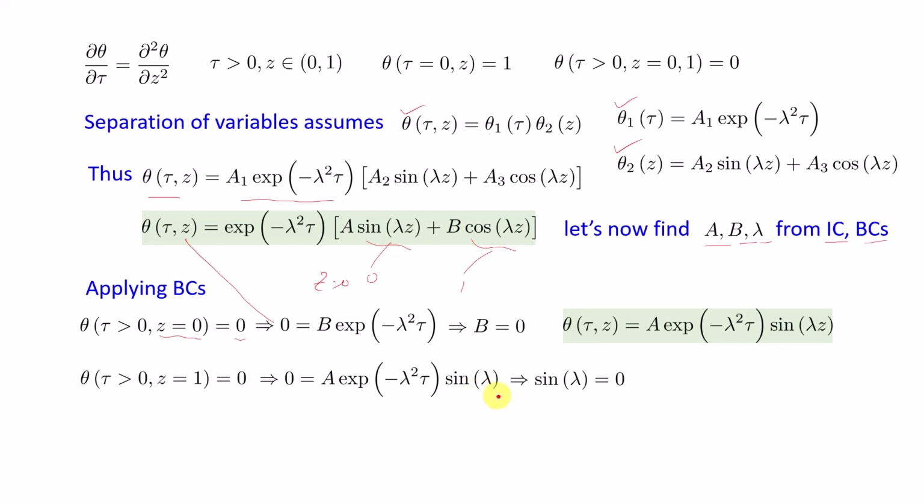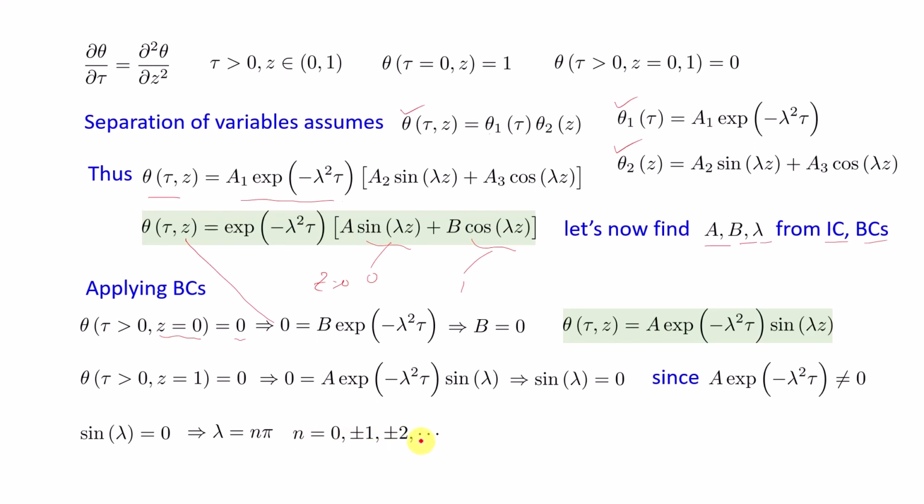But with this condition, sine lambda equals 0, we have a problem, because we can have many different lambda for which sine lambda will be 0. In fact, we can have lambda equals n pi, where n is 0, plus minus 1, plus minus 2, etcetera.